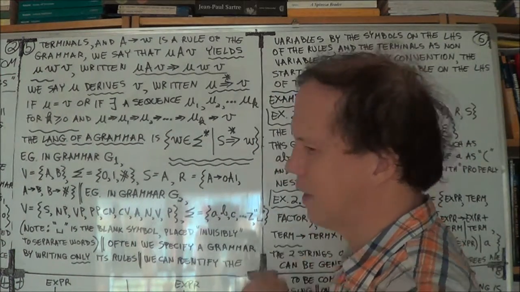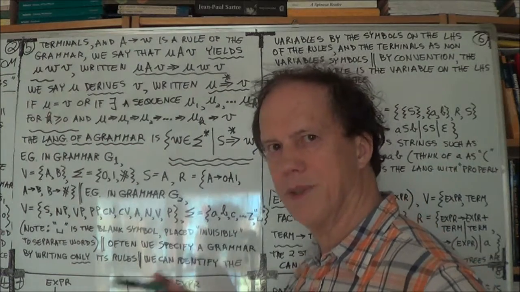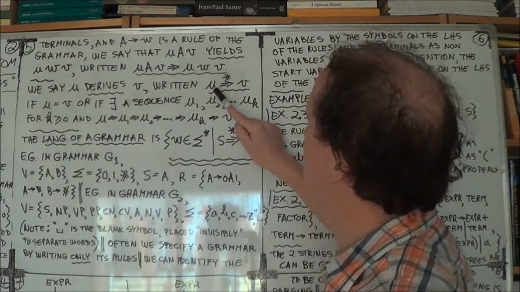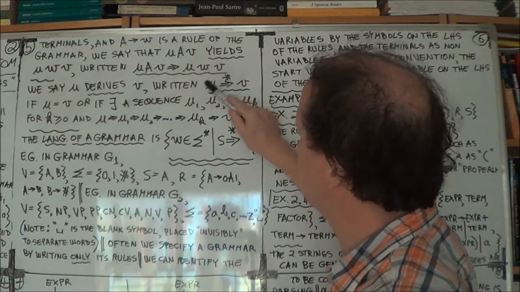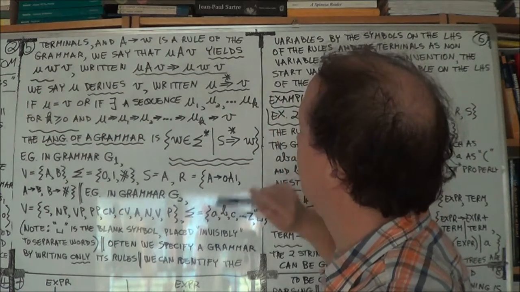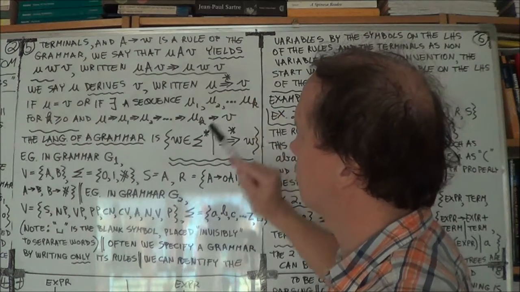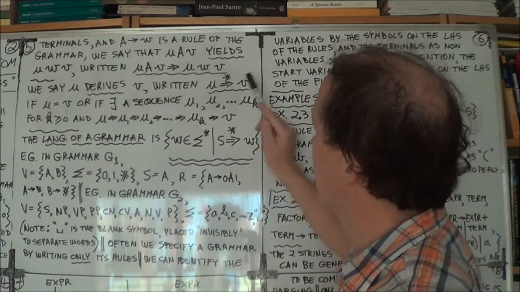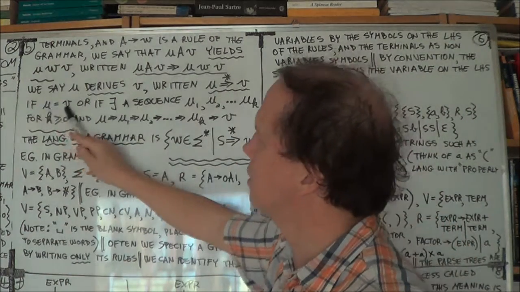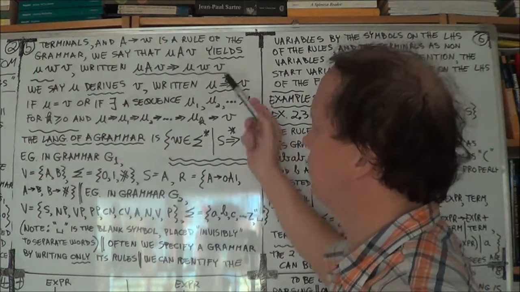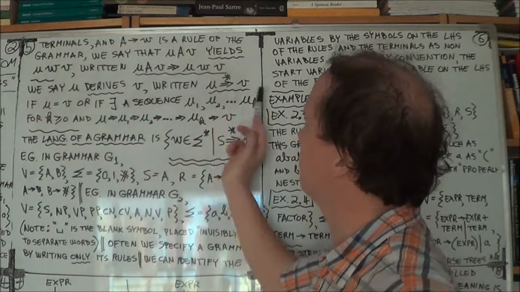That star usually means multiple steps. If you can derive V starting with U using multiple steps, it could be that U equals V, in which case you don't do anything, it's just there already.